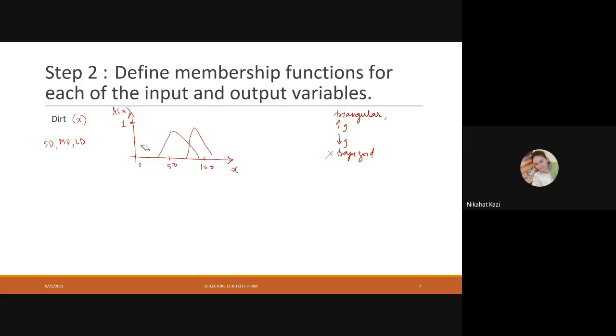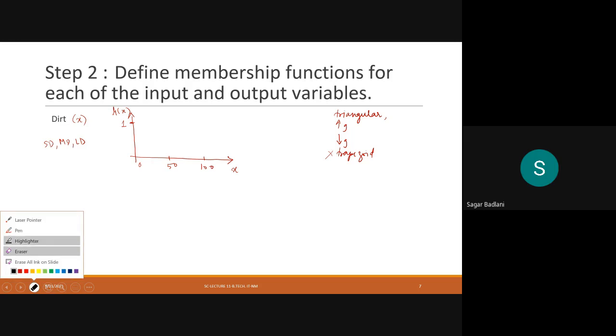So the very first function that you draw has to be which function out of these three? Out of triangular, increasing, decreasing, which function will it be? The decreasing function.